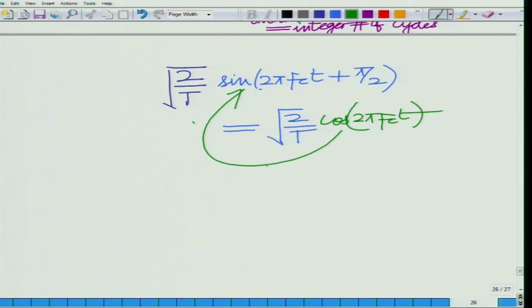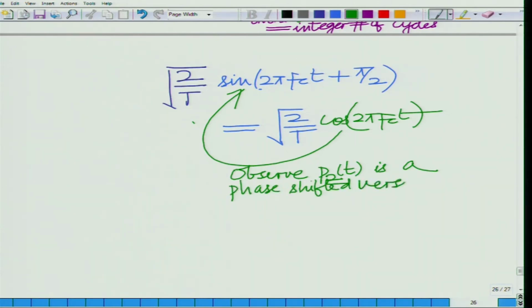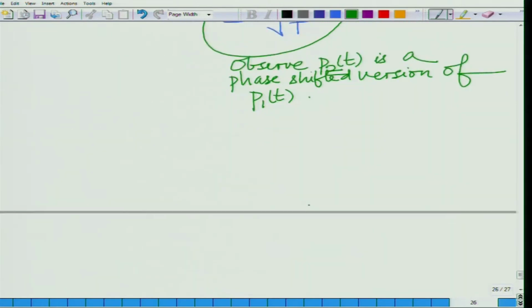So, observe that p1(t) is a phase shifted version of p2(t). If I shift the phase of sine 2 pi f c t by pi by 2, I get cosine 2 pi f c t.